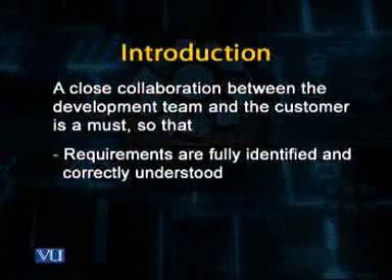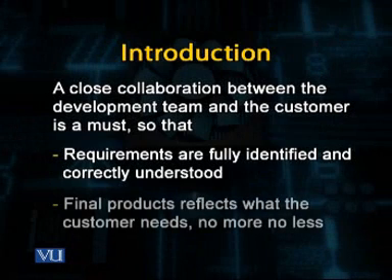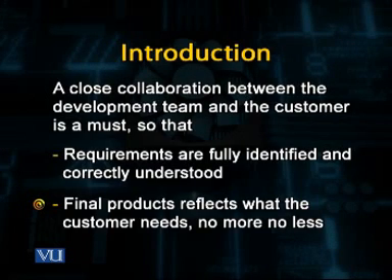So it is very important that the requirements are fully understood by the development team, and the final product reflects what the customer needs, no more, no less. It is very difficult to demonstrate the no more part of this equation. And so again, the focus is on the current immediate needs of the customer, no more, no less.